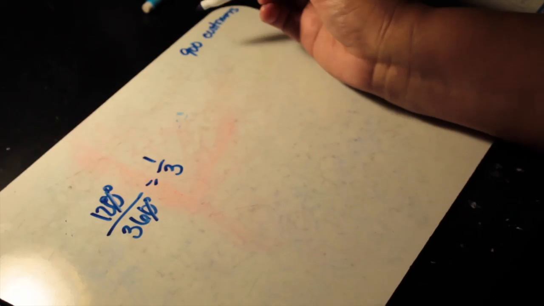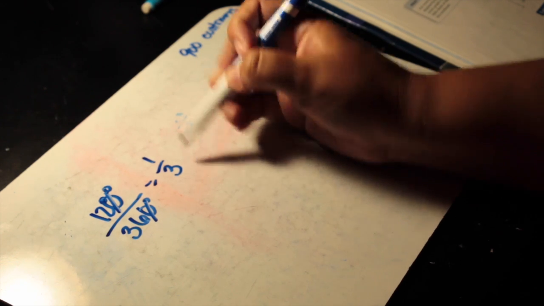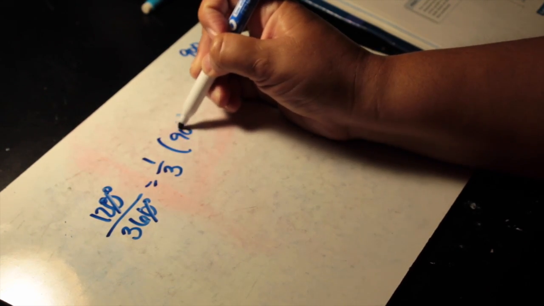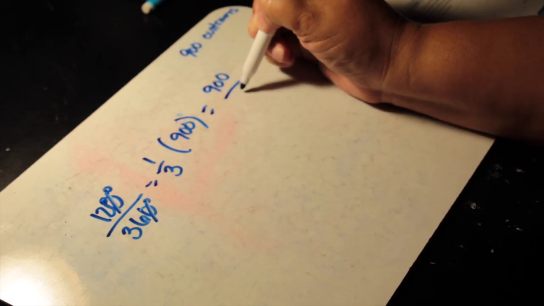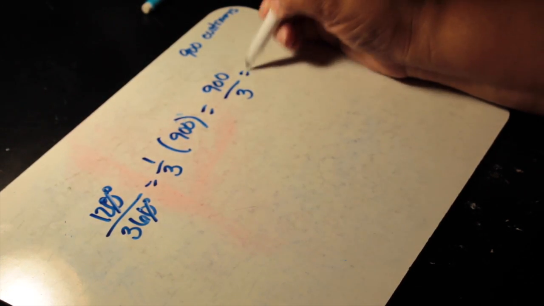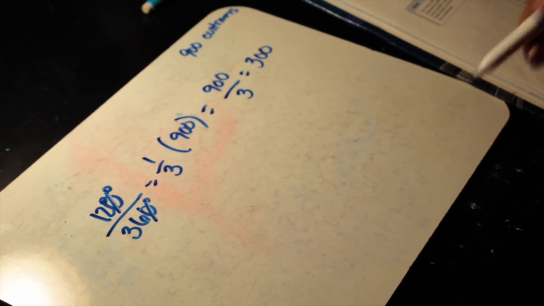How many customers? 1/3 of 900 customers, 1/3 times 900, will give you 300. Yes, 300 customers would be the answer.